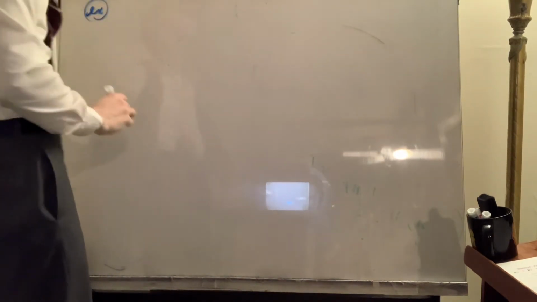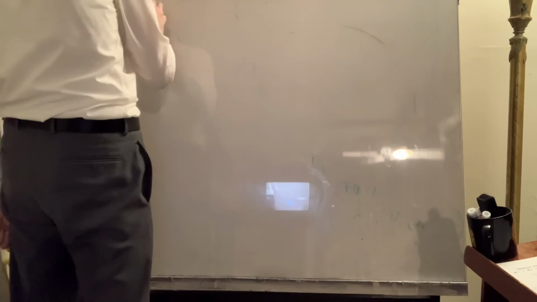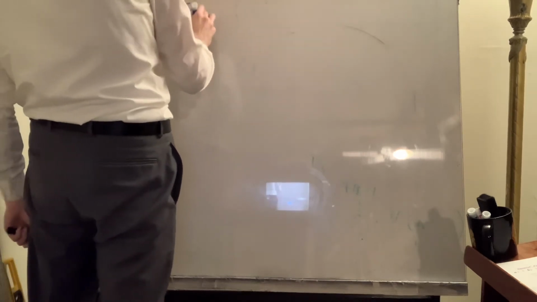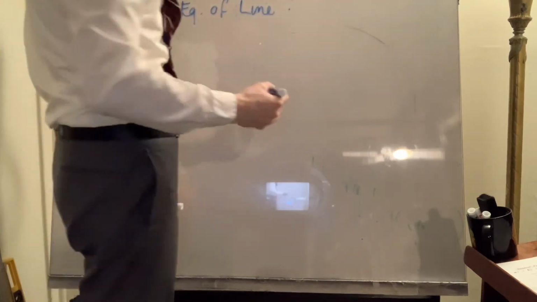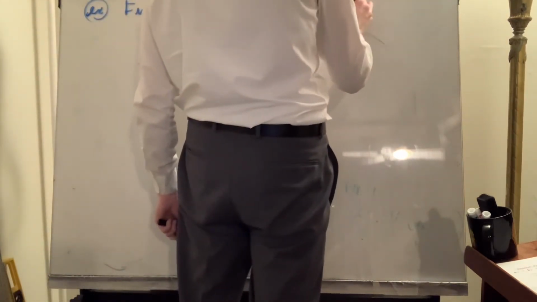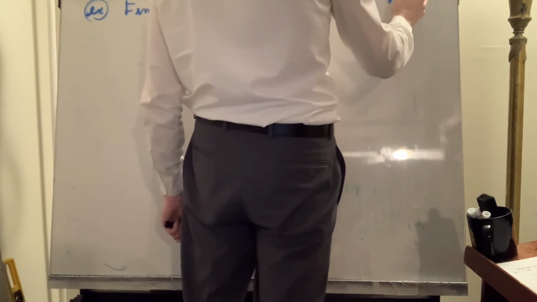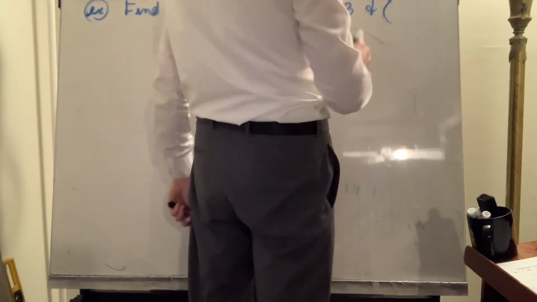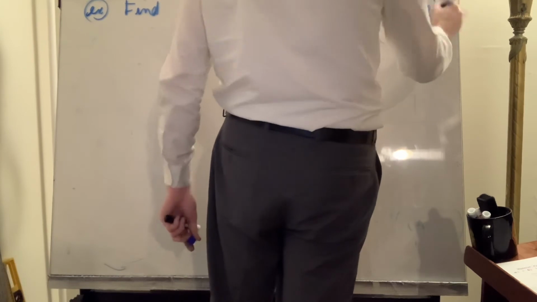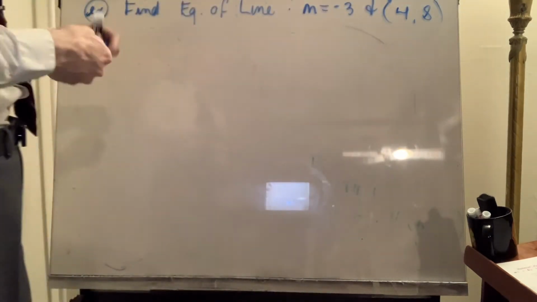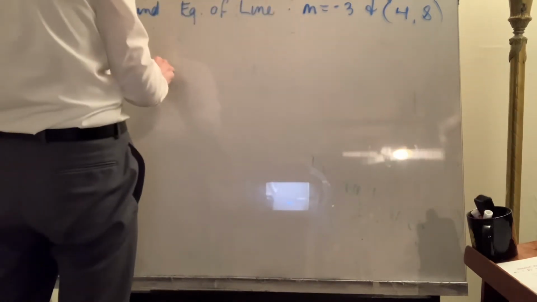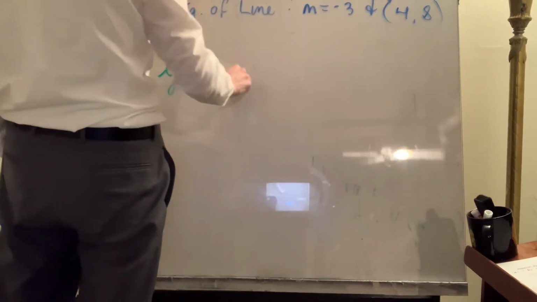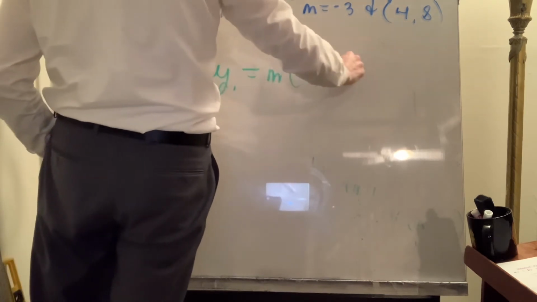Here's an easy one. If you were asked to find the equation of a line, given these conditions that m is equal to -3, and it passes through the point 4, 8. Again, start with the point-slope formula. y minus y sub 1 equals m times the quantity x minus x sub 1.